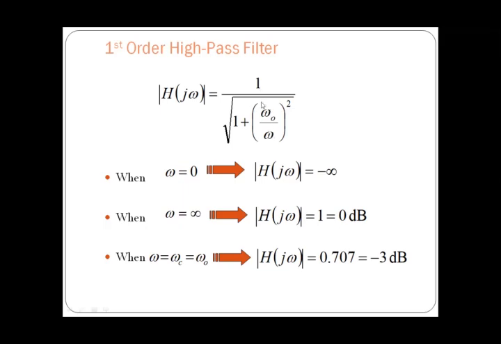So 1 by infinity we are going to get, and then the value will be minus infinity. So when we place omega equal to 0, it becomes minus infinity. And when omega is equal to infinity, when omega is very high, the transfer function will be 1.